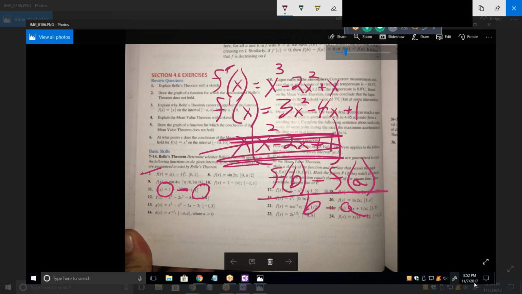Okay. So the average slope is 0. It's 0 divided by 1, but it's still 0. Okay? So we have to find where the derivative has a slope of 0. It's basically as simple as that.